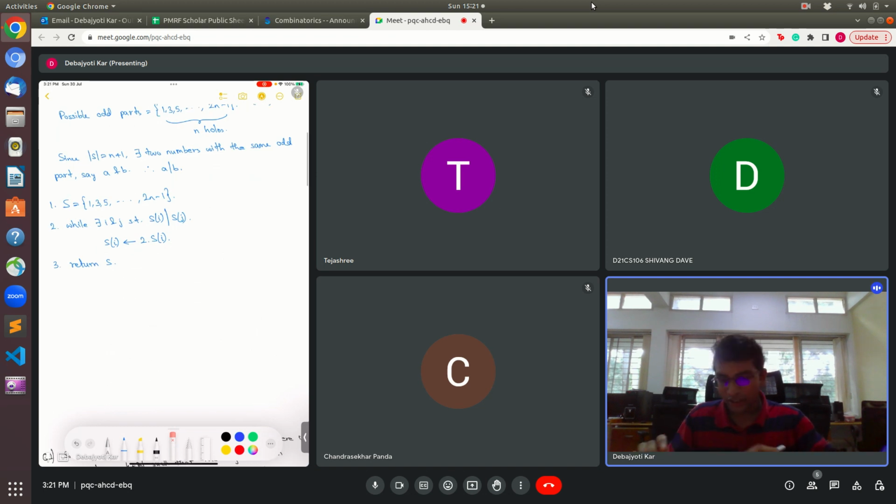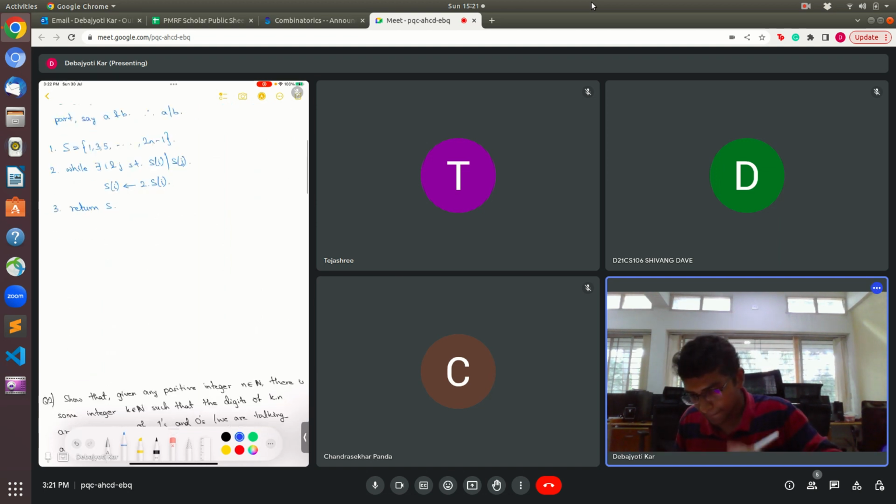First of all, since we are doubling these numbers, it might happen that a number becomes more than 2n. We need to select these n numbers from 1 to 2n, right? Since we are doubling these numbers, it might be the case that some number exceeds 2n. So first of all, we need to show that that does not happen.